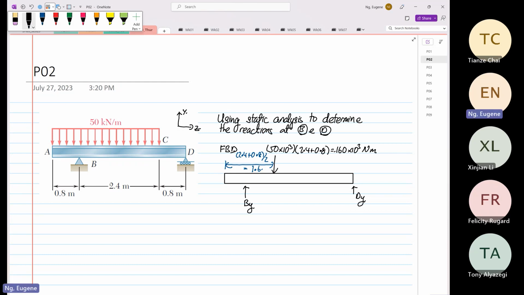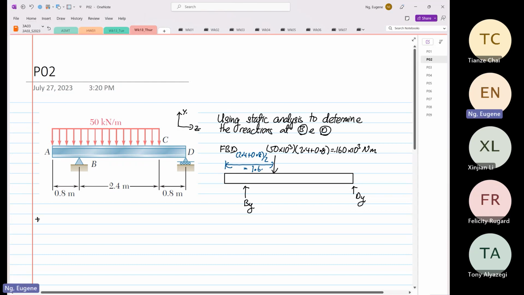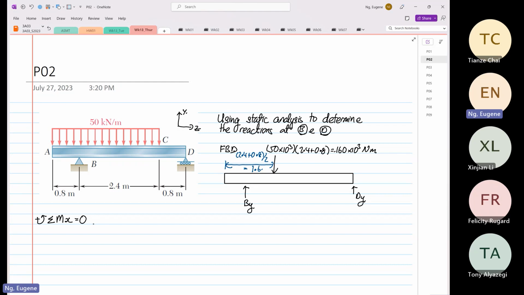Some moment in the x direction, positive is going anti-clockwise, is equal to 0. Okay, so we are going to do it at point A.